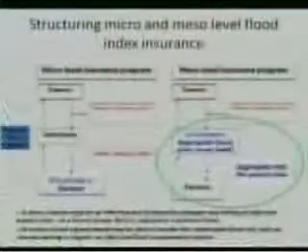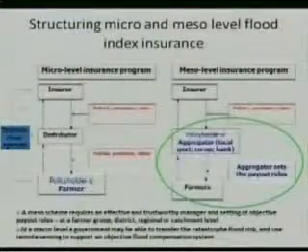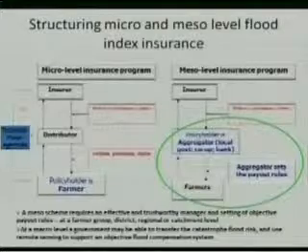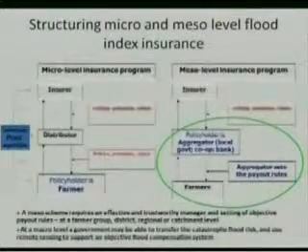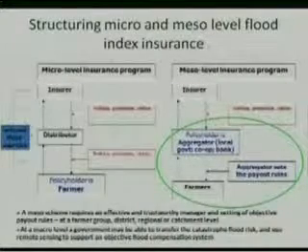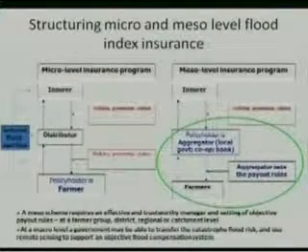Now, because our conclusion was that micro level index insurance for flood is an extremely challenging kind of target, we have concluded that there is a more definite role, an opportunity here to have what we'd call a meso-level insurance program, which is where we find an aggregator of risk.